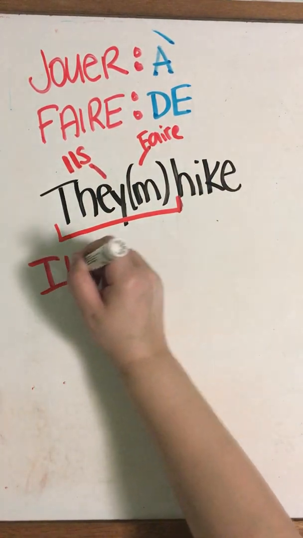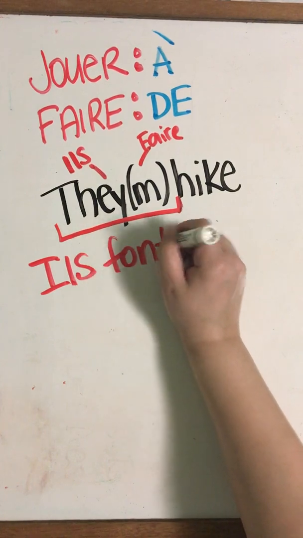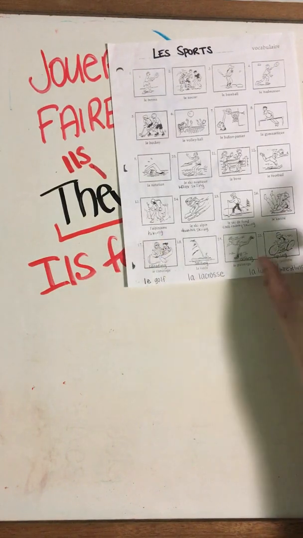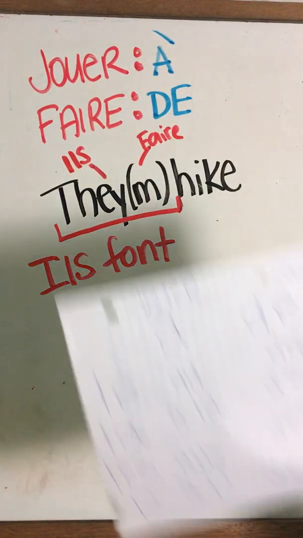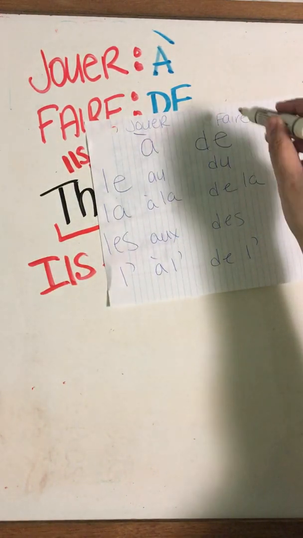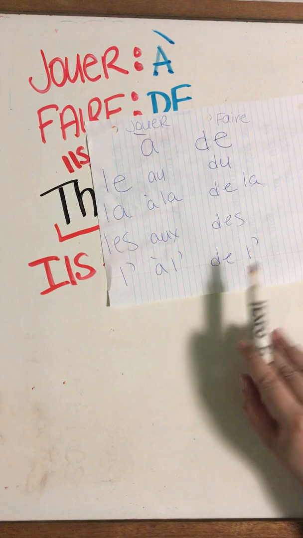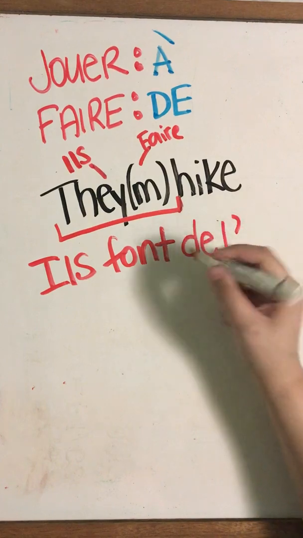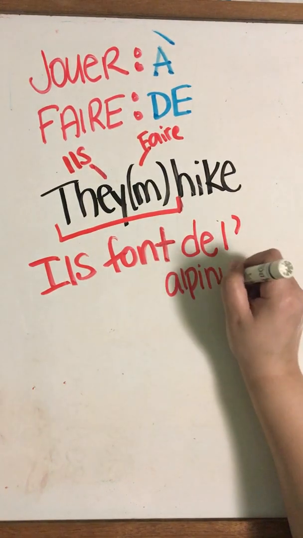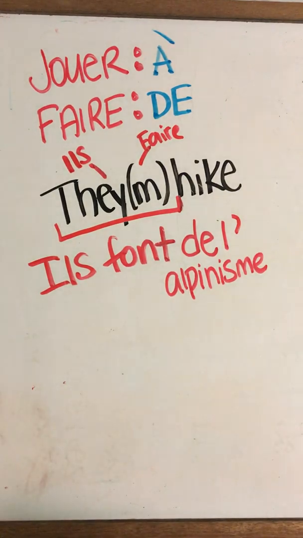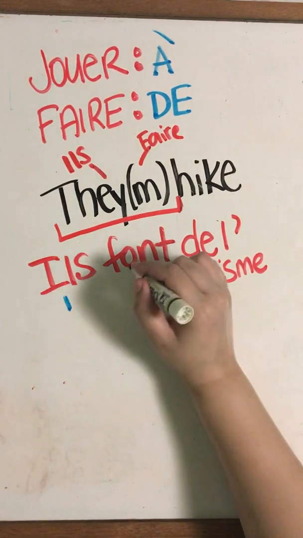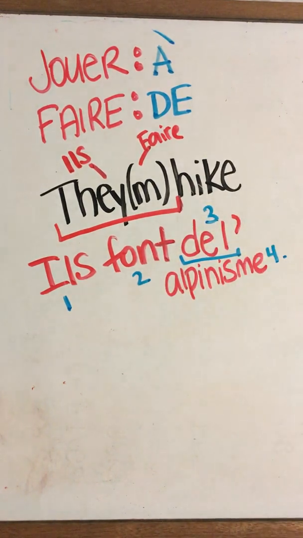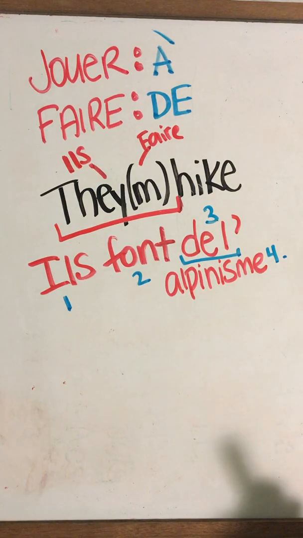So I know it's ils, font. Let's find hiking. Hiking's right here. It's l'apostrophe, if you can see it. I'm now working with de because I'm doing it. De l'apostrophe. Okay, and to verify, part 1, part 2, part 3, part 4.